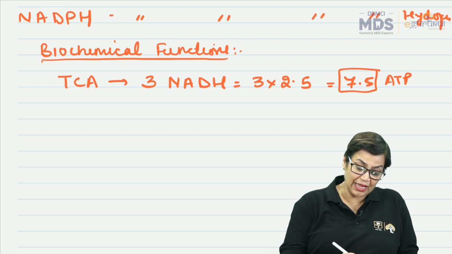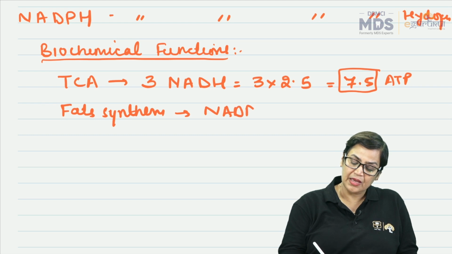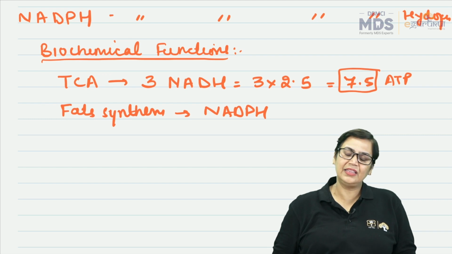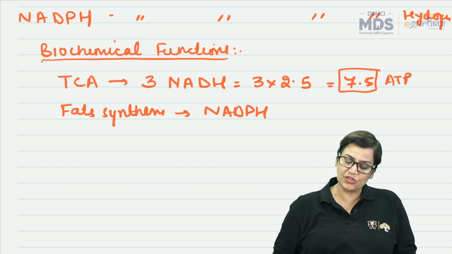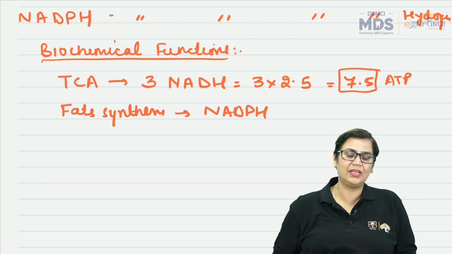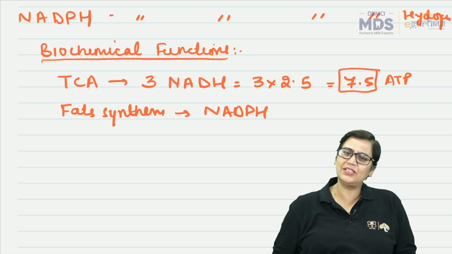If we talk about lipogenesis or fat synthesis, NADPH is required. In fact, whatever dehydrogenation reactions are there, they will always generate NADH or NADPH. So wherever you find pyruvate dehydrogenase, lactate dehydrogenase, simply write NADH or NADPH.